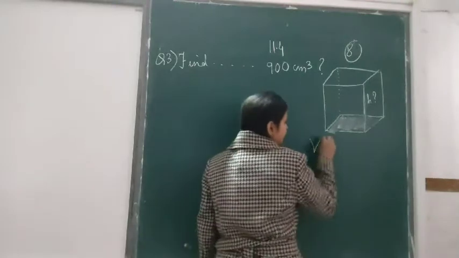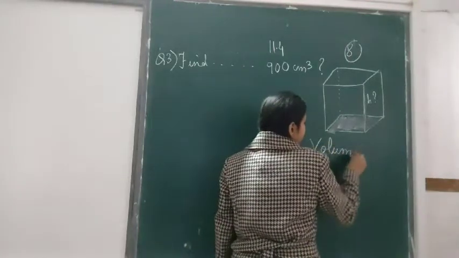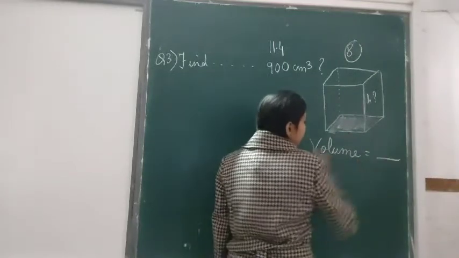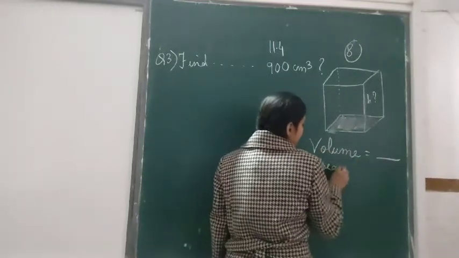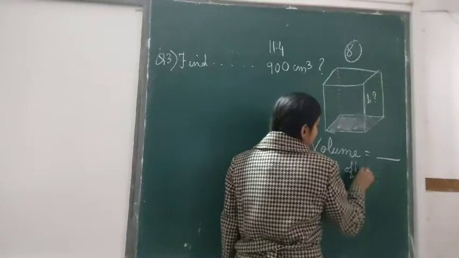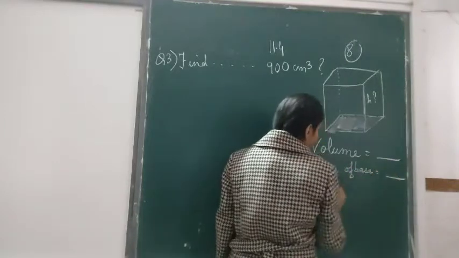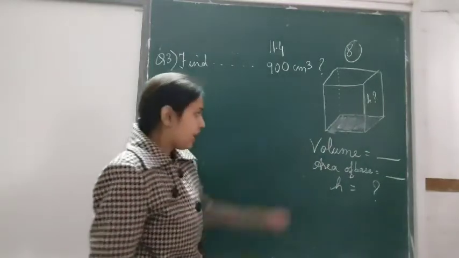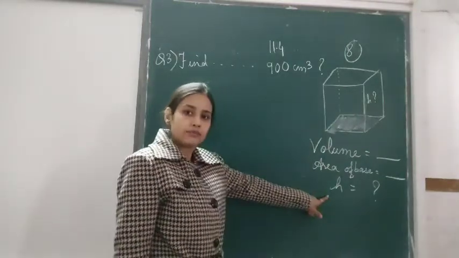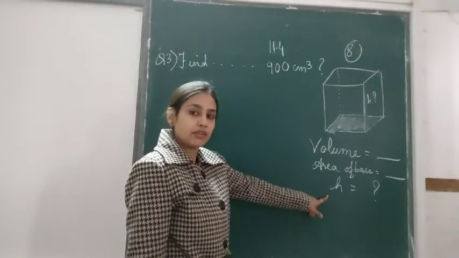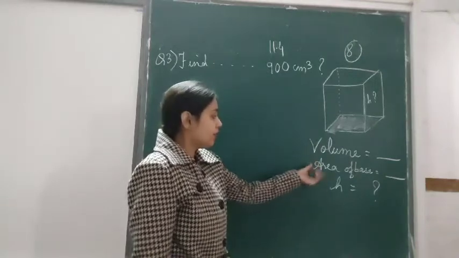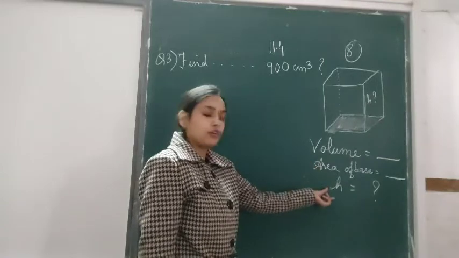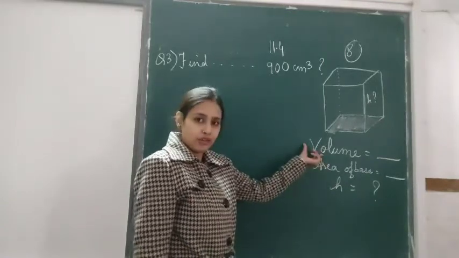Okay, so we have to see what all is given. What is given? Volume is given. What is given? Area of base is given. What we have to find out? H we have to find out. Any connection between three? Yes, there is a connection in between these three. If we multiply the area of base of a cuboid to the height, we get the volume.